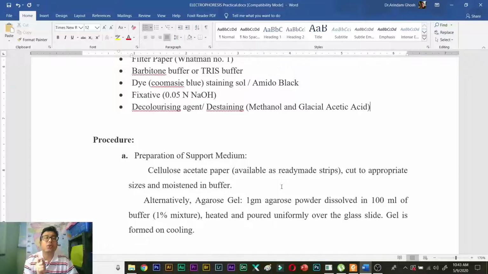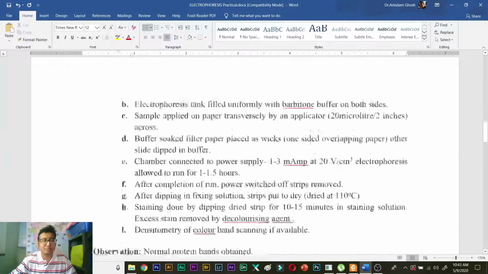Those are available as solid flakes or strips, but if they are boiled in water, they become a semi-solid gel-like compound. First boiled and then cooled. So, preparation of gel is done before the electrophoresis is planned. If I plan an electrophoresis experiment today, I need to prepare the gel half an hour back or overnight, a night back, depending on the scenario.